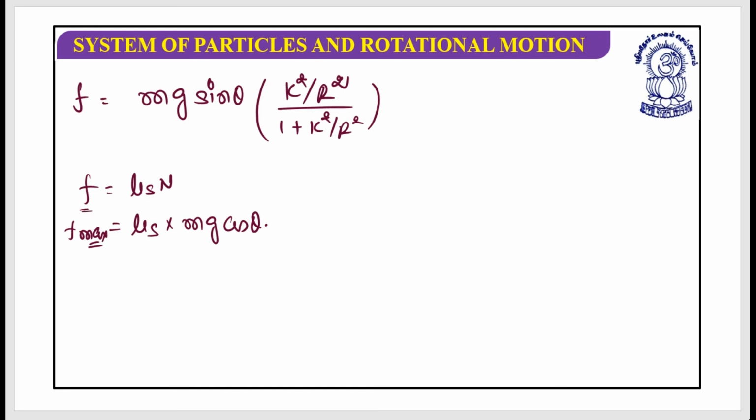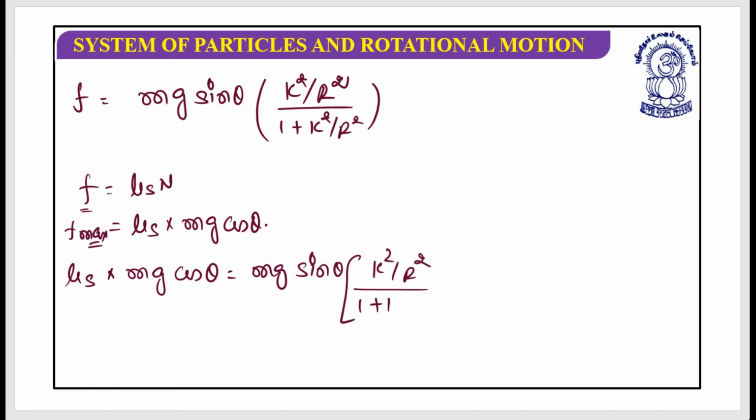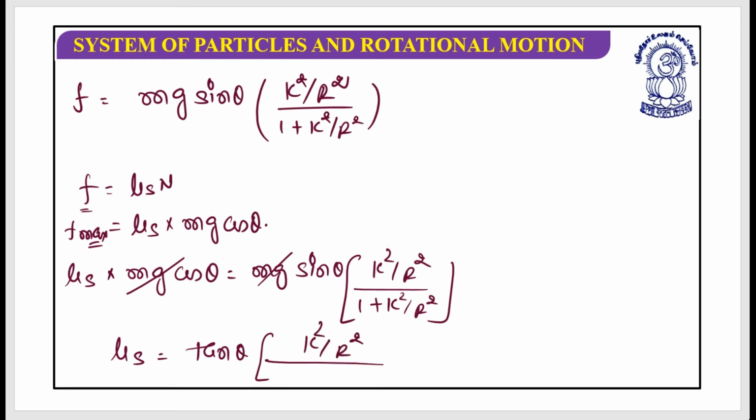If I equate this to the maximum friction, then mu s into mg cos theta is equal to mg sine theta into bracket k square by r square upon 1 plus k square by r square. The mg has gone, and mu s is equal to sine by cos, it's tan theta into bracket k square by r square upon 1 plus k square by r square.